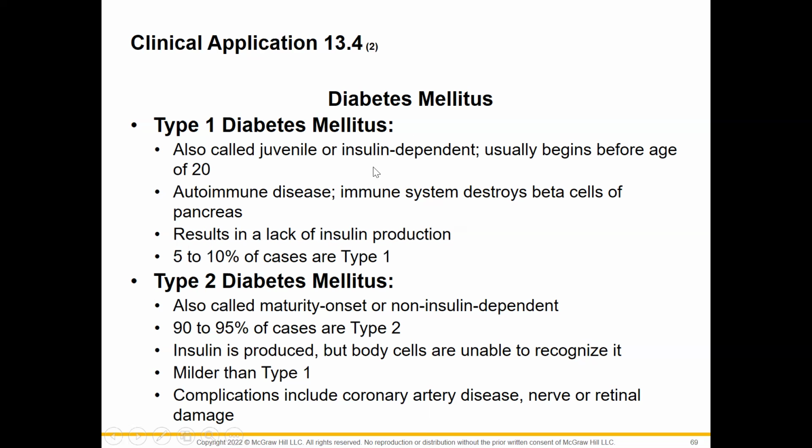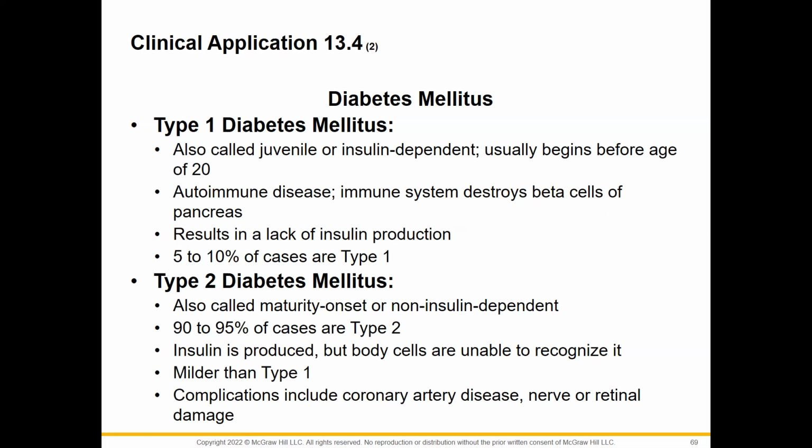So type 1 diabetes is an autoimmune disease where the body is not making insulin at all or making very little insulin because the immune system is destroying the beta cells of the pancreas, and that's why these people are insulin dependent, because they're absolutely not making it.